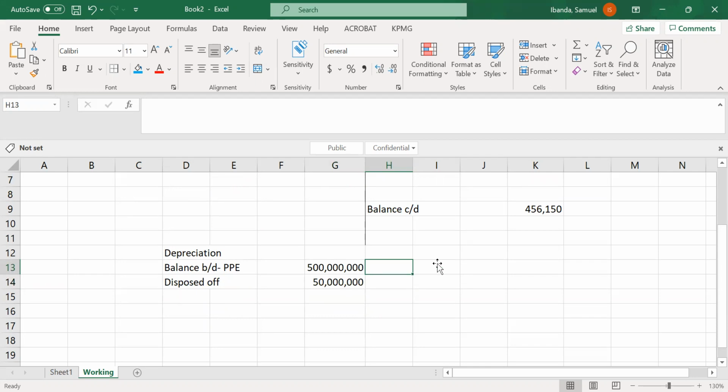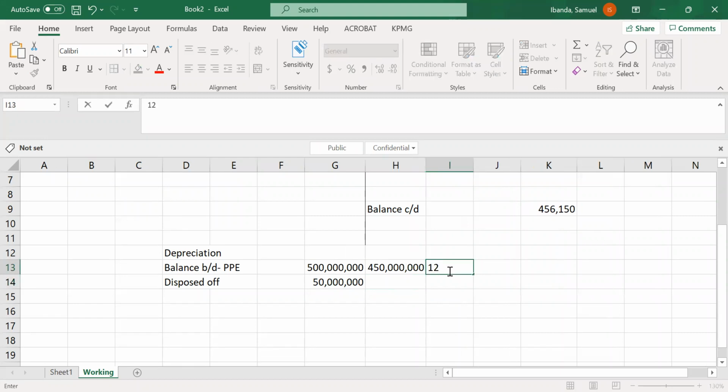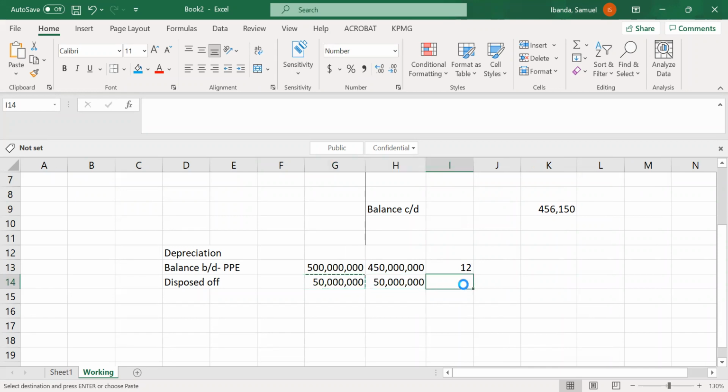So I would be right if I say that of this 500 million, we have 450 million that existed for all the 12 months. And then we have this 50 million that existed for only 6 months.